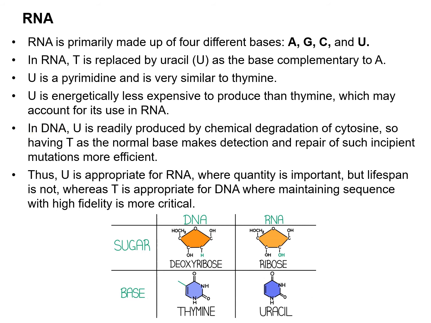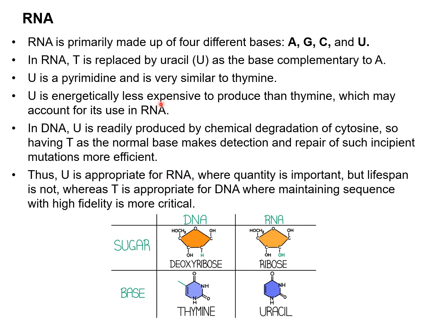However, in DNA, uracil can also be readily produced by chemical degradation of cytosine, which is a bad thing. So having thymine as a normal base in DNA makes much more sense for detection and repair of such incipient mutations with a high efficiency. Therefore, uracil is more appropriate for RNA where the quantity is important.